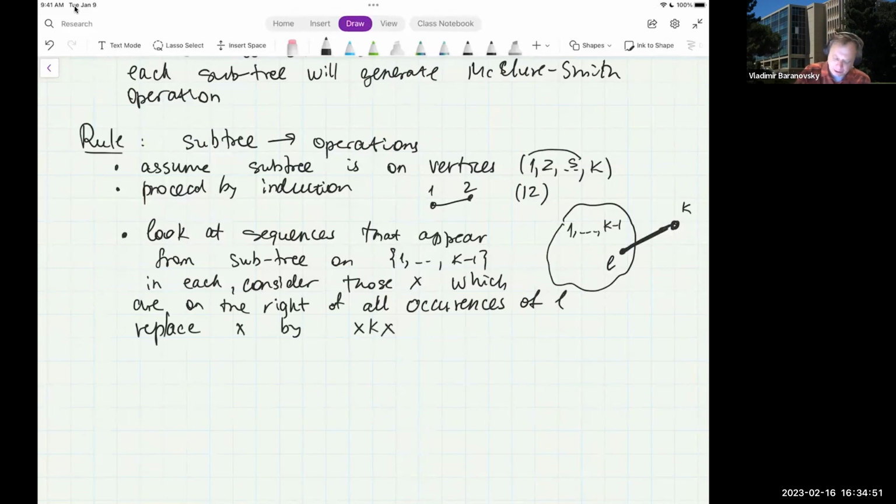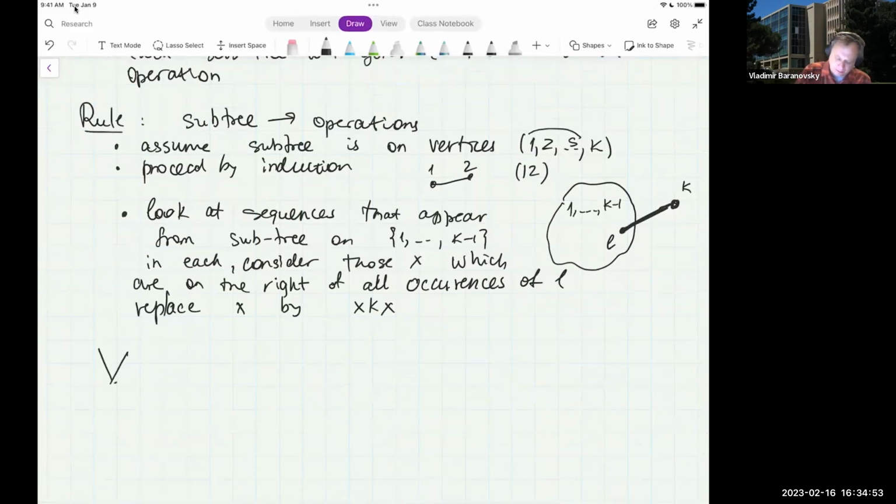So let me just illustrate what's going on with a simple tree with vertices 1, 2, 3, and 4. We think of this as built out of a subtree that includes only 1 and 2. Then we're adding vertex 3. Then we're adding vertex 4. Originally we start with 1 and 2, and the sequence is 1, 2. That's the product operation we started with.